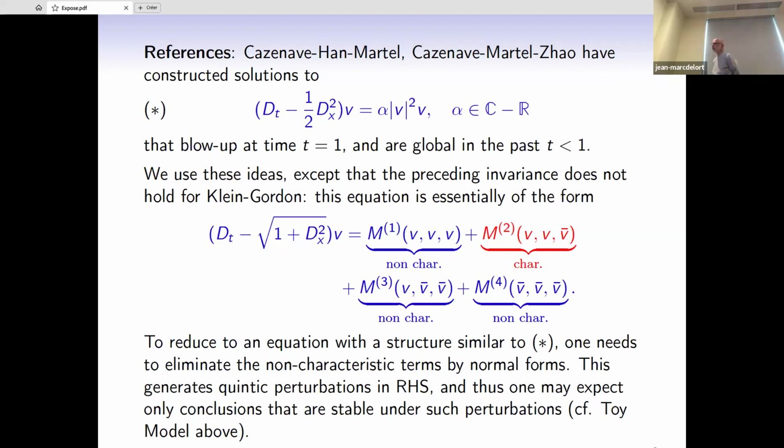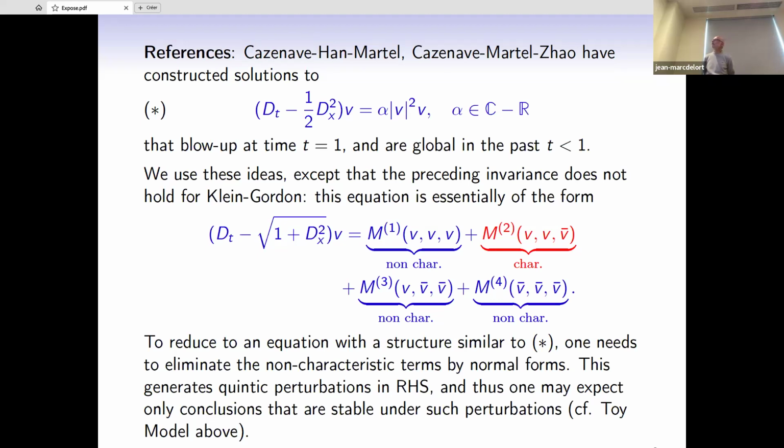So these terms are usually, in the framework of small solutions, not that annoying, because one may eliminate them by normal forms, which means one may modify V in order to get a new equation where only the red term remains in the right-hand side. But of course, when you do that, you generate some errors. That is, you generate quintic perturbations that appear in the right-hand side.